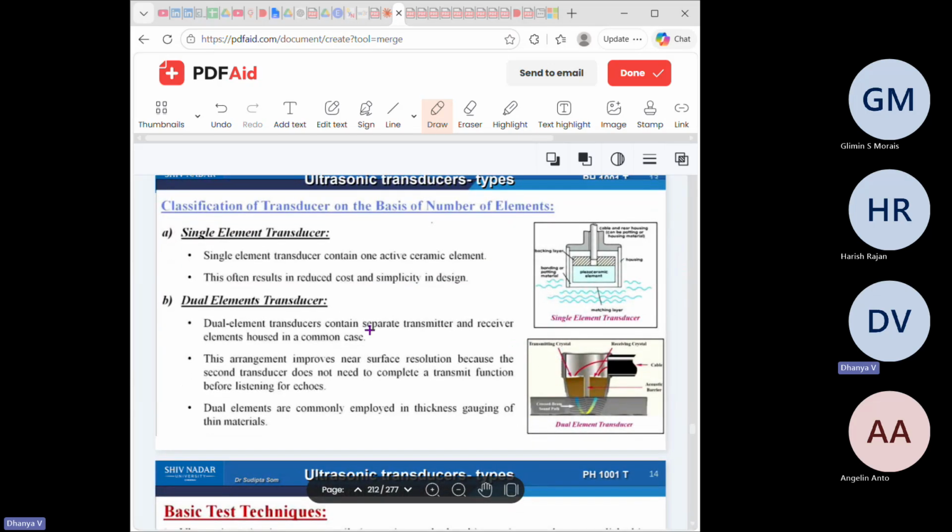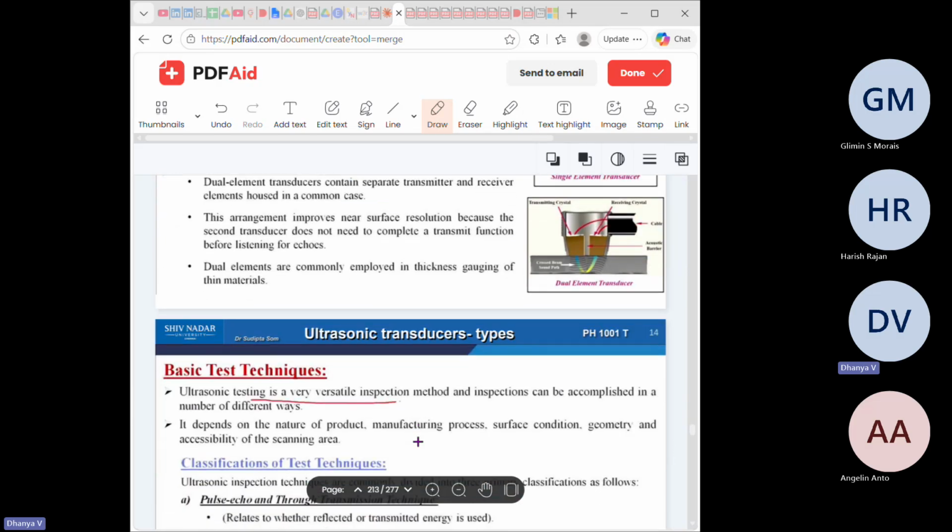They contain a separate transmitter and receiver, housed in a common case. So this arrangement improves near surface resolution because the second transducer does not need to complete a transmit function before listening for echoes. So this is something we'll be dealing with soon.